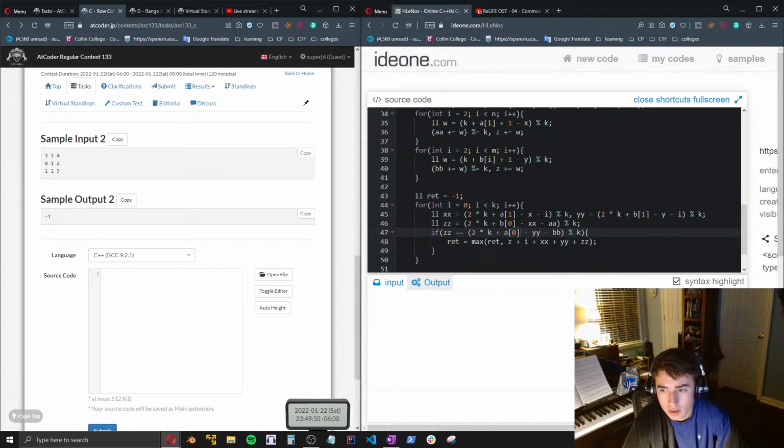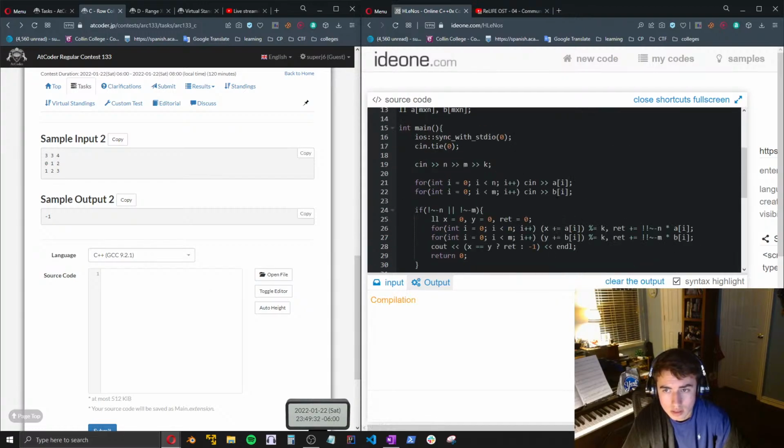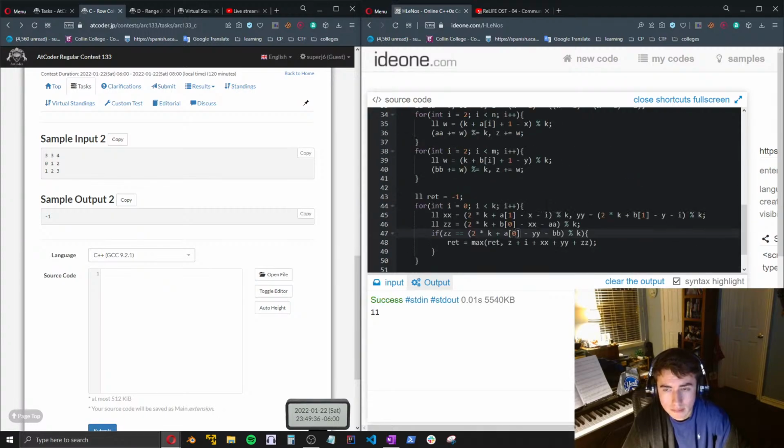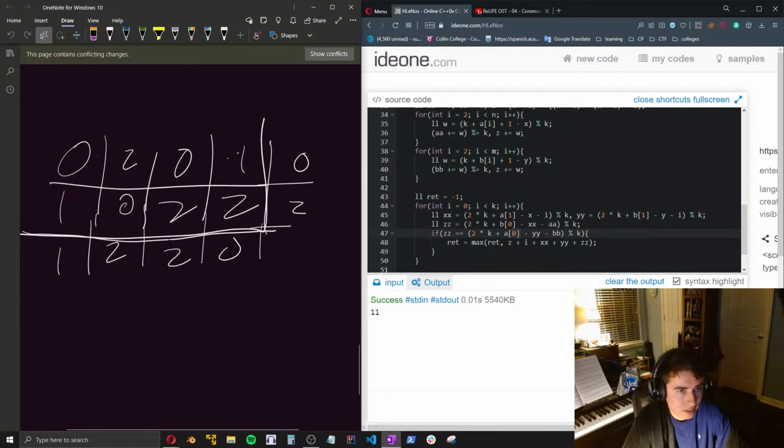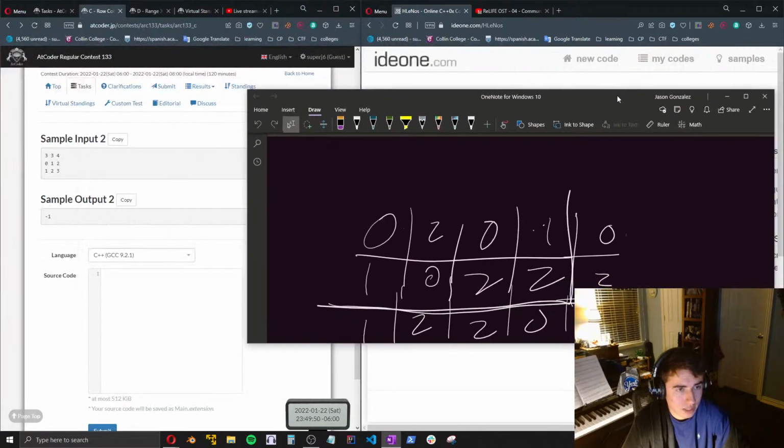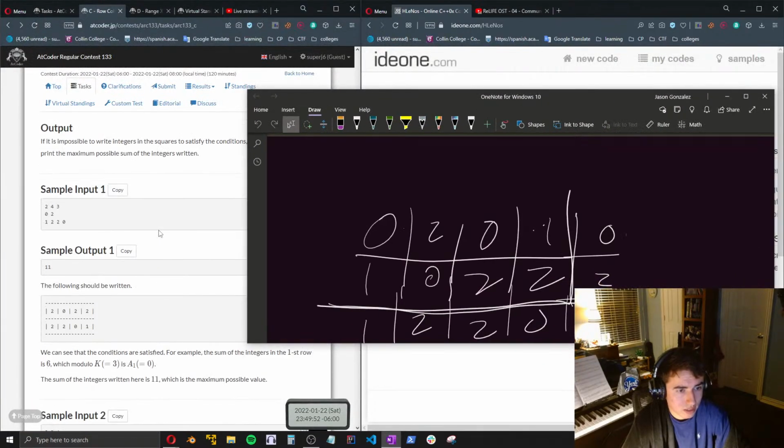What am I doing wrong? Which part is wrong about this idea? This ends up with the same solution as up here, I guess, right?